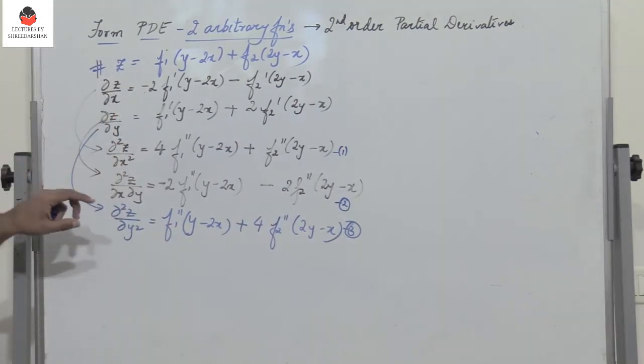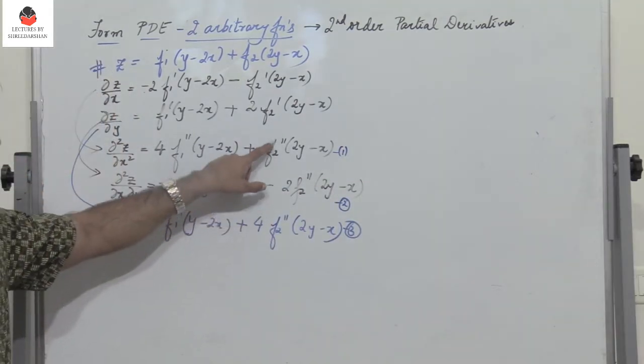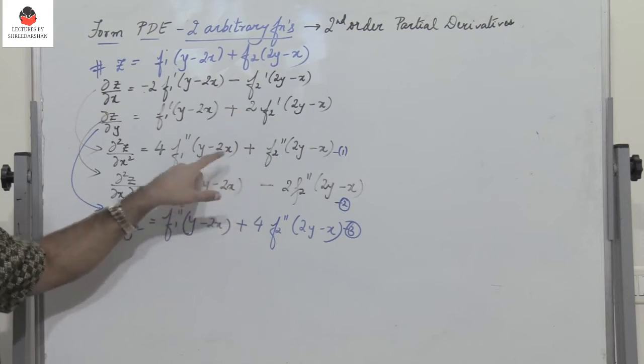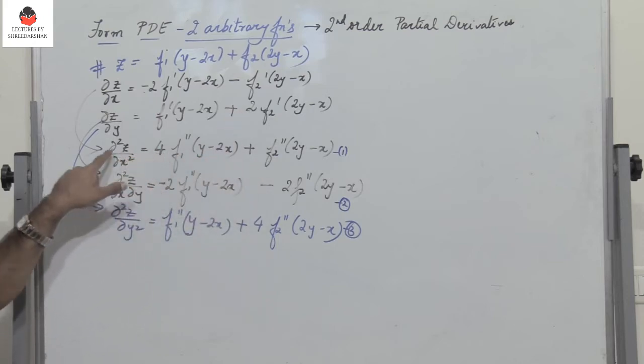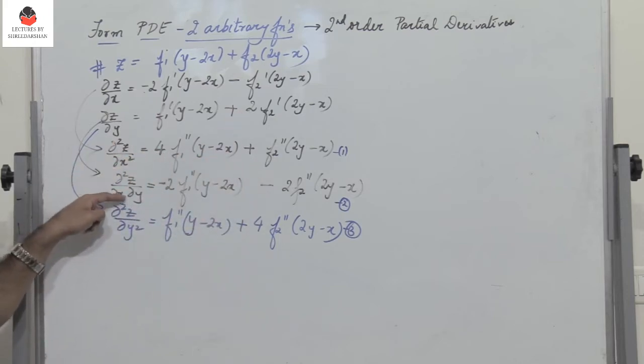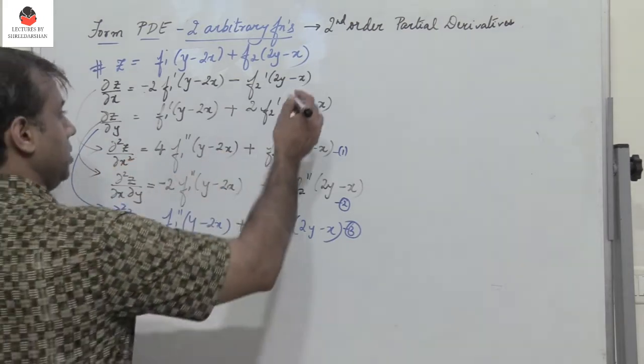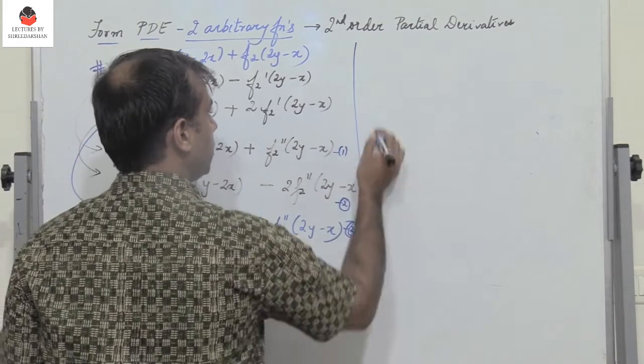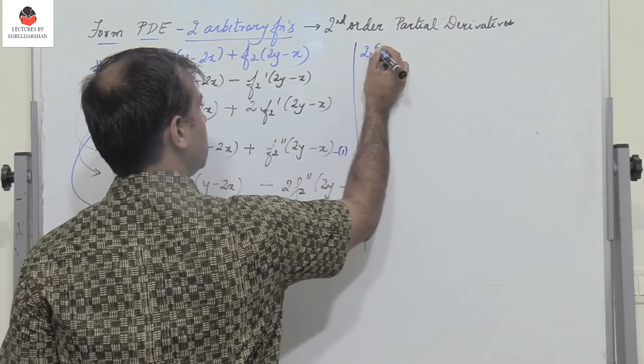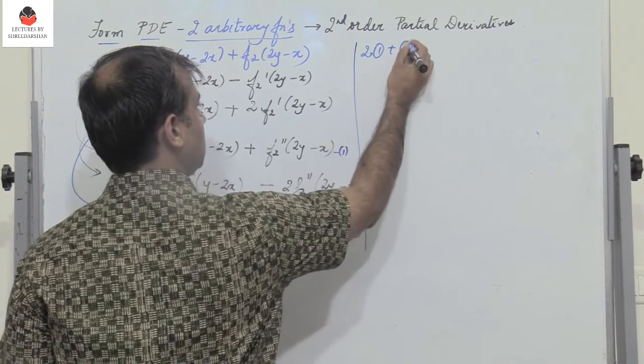So now we have to eliminate f2'' first. Observe that if I multiply equation 1 with 2 and add it with equation 2, this term gets cancelled. So multiply equation 1 with 2, and add it with equation 2.